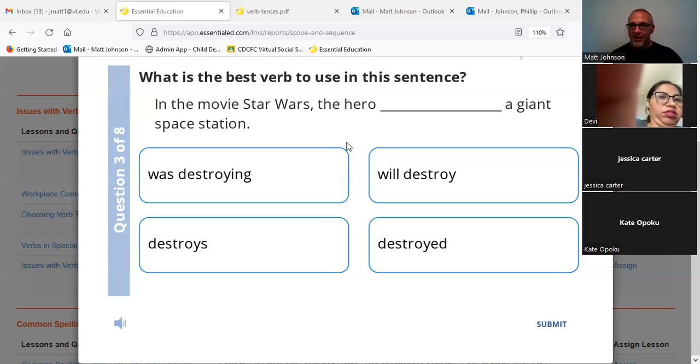Everything that happened there was a long time ago. But we're talking about media, books, television shows, anything like that, we talk about in the present. Just like the actions that are taking place in the book, you can think about like that in the book or in your TV show are happening as you're watching them, right? They're happening in the present. So destroys will be present tense.